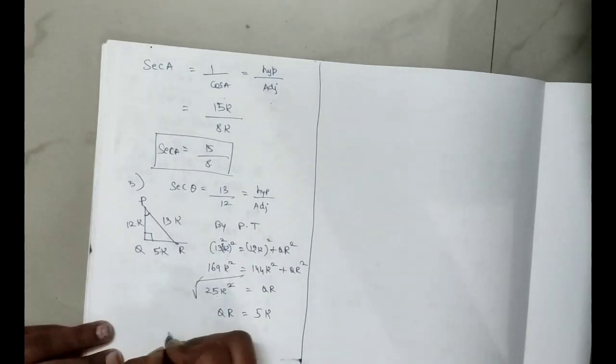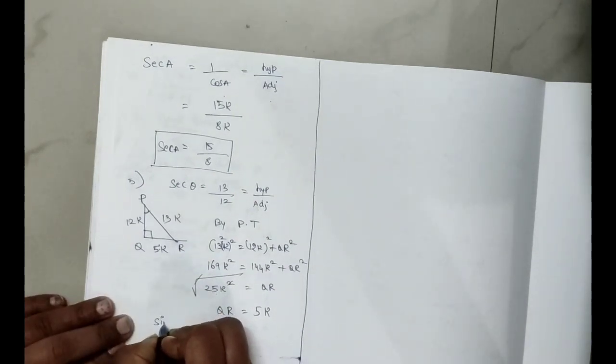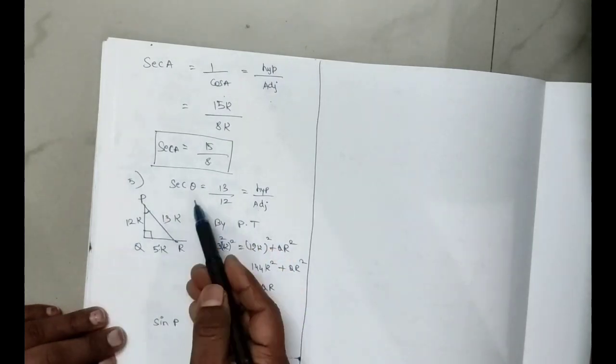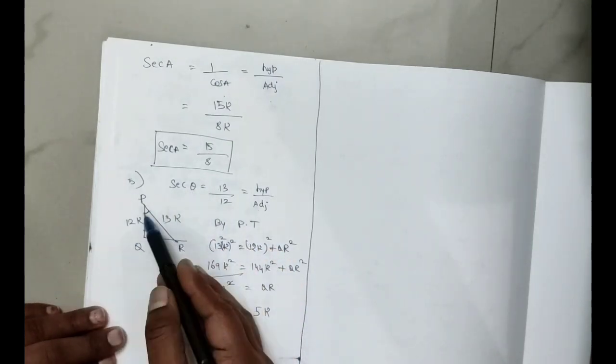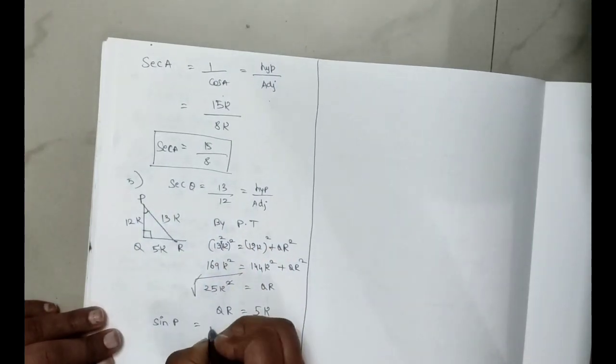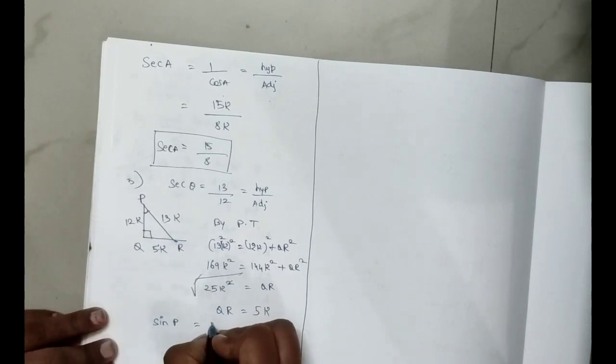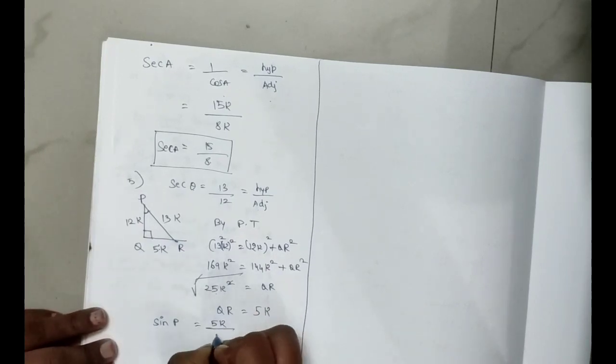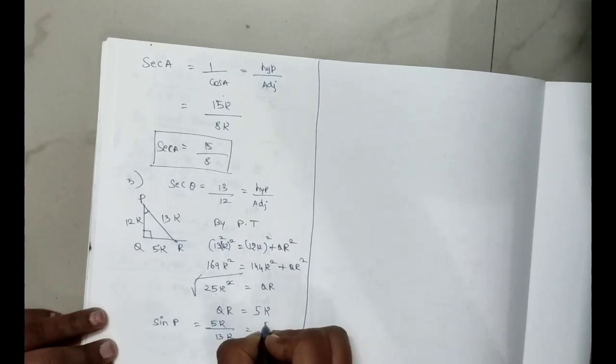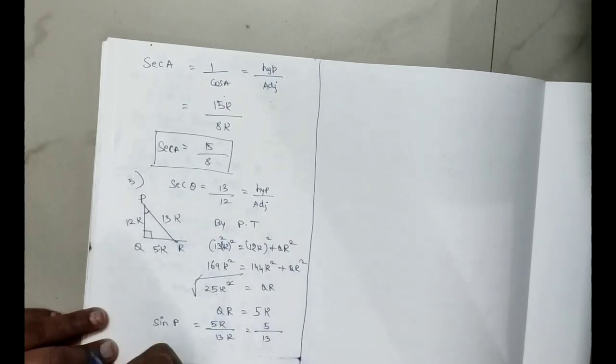And now when we go to sine of P, theta is given, let's assume it is P. So sine P is equal to opposite by hypotenuse, nothing but 5K by 13K, which is equal to 5 by 13.